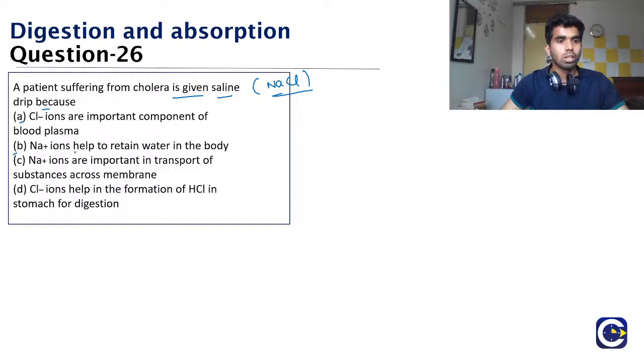Option B, sodium ions help to retain water in the body. Option C, sodium ions are important in transport of substances across the membrane. And option D, chloride ions help in the formation of HCl in the stomach for digestion. So what will be the answer for this question? Why do we give saline to the patients?